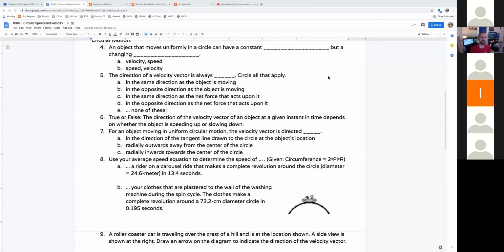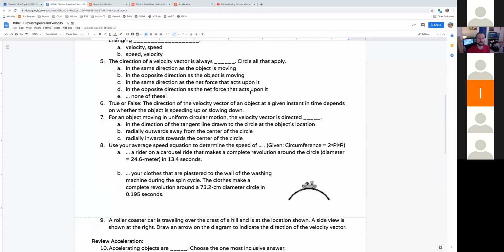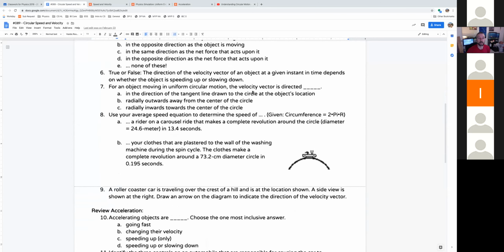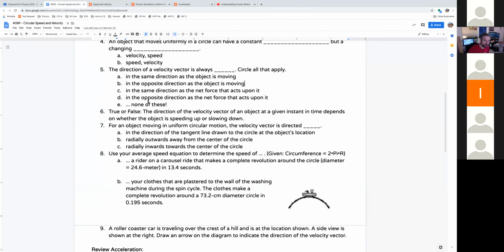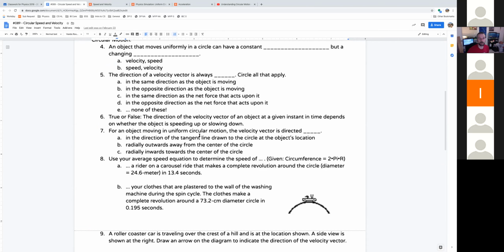Number 5, you can select more than one of those. Obviously, circling might not be the best option if you want to highlight, or you can change the blank to be all the ones that apply. And I will let you answer numbers 6 and 7. So I will give you, let's say, 3 minutes to work on numbers 4 through 7.